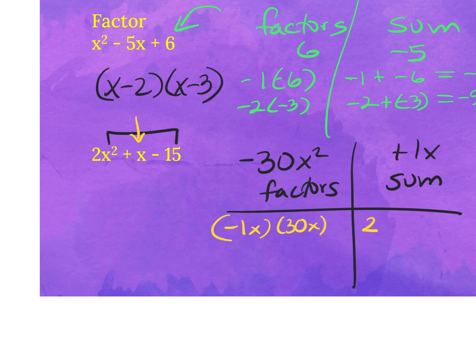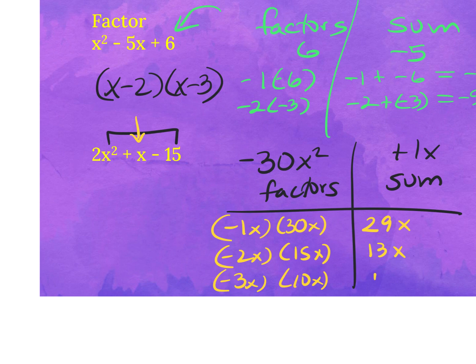But when I add it, it's 29. It's not 1. Let's try the next one. -2 and positive 15. That gives me 13. Still not what I need. -3 and positive 10. That gives me the -30, but it does not give me the 1. It gives me a 7.